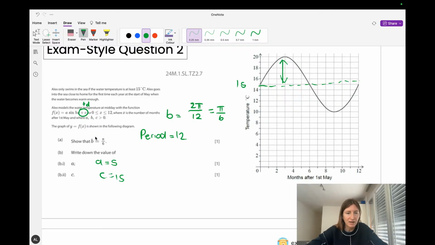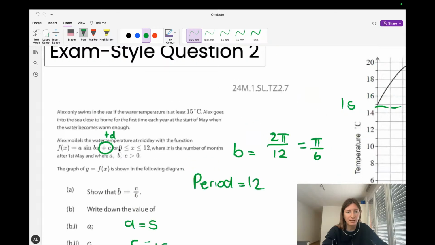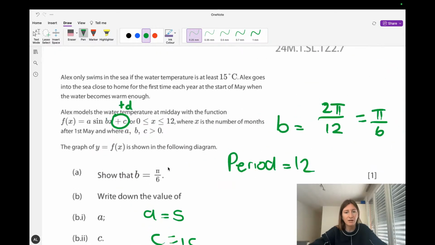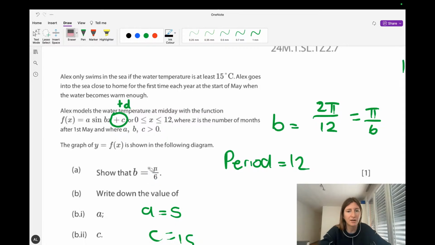In a show that question, just a reminder that if they say show that, you may not use that in your method. You can only arrive at that answer. If you say show that, but you use that in your method and explanation, they will give you 0 marks. You have to do everything else to end up with that. So just a reminder about any kind of show that questions.